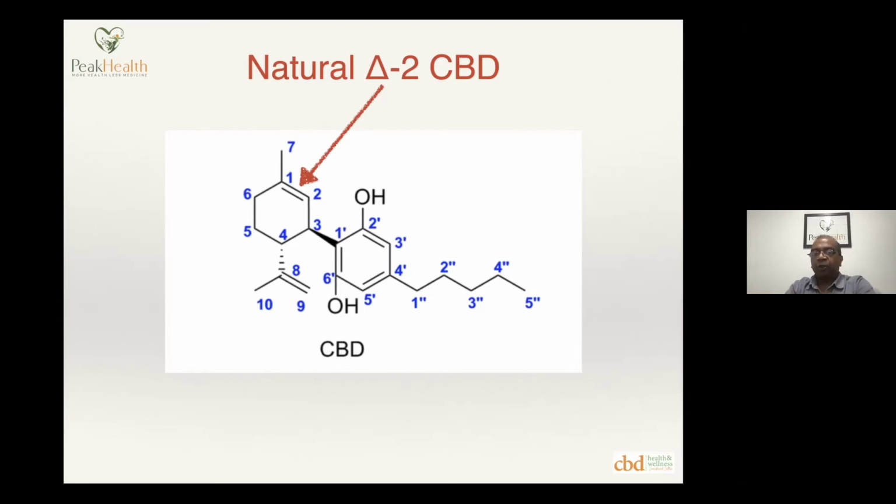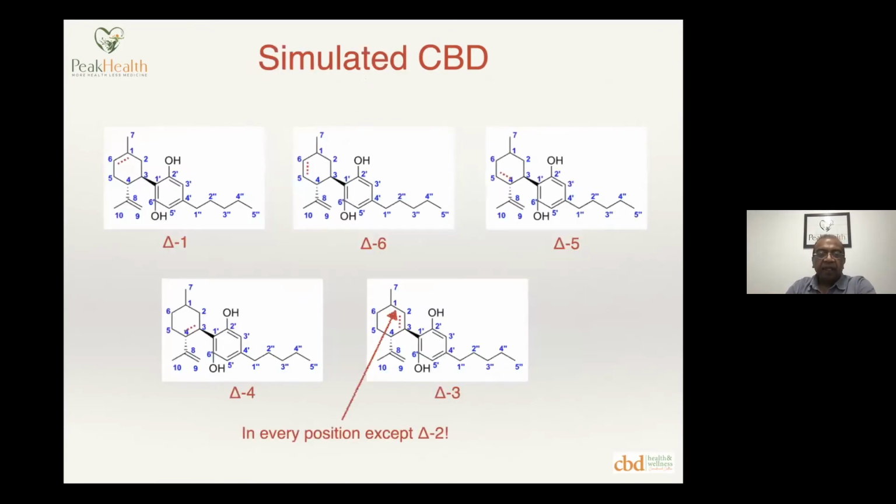That's the natural plant. However, when you overprocess the CBD, kill it, or when it's synthetically produced, you have it in the delta 1 position, the delta 6 position, the delta 5 position, the delta 4 position, the delta 3 positions. And I've shown the positions in every spot. So you'll have it in every position except the delta 2 position.